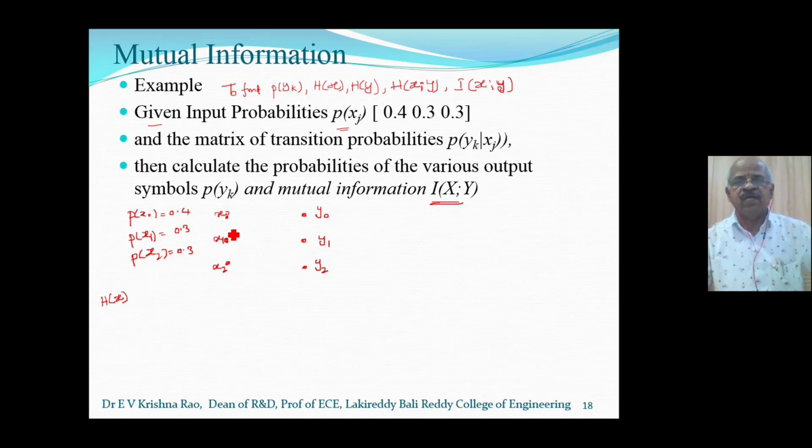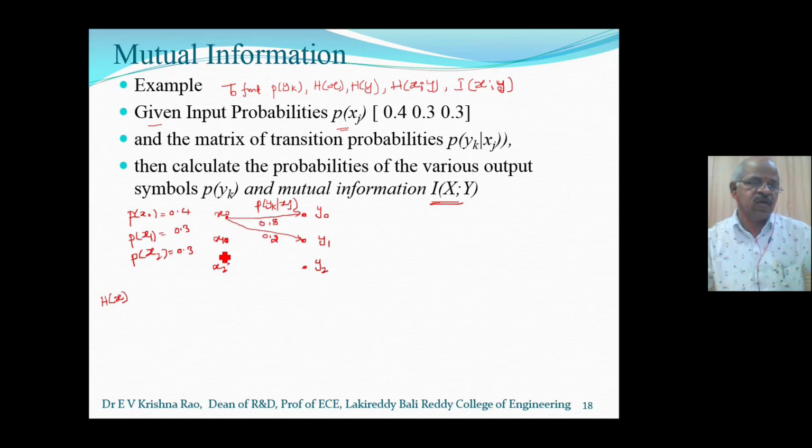And the transitional probabilities P(yk at xj) are all given. For example, I take x0 to y0 as 0.8, and x0 to y1 as 0.2, which sums to 1.